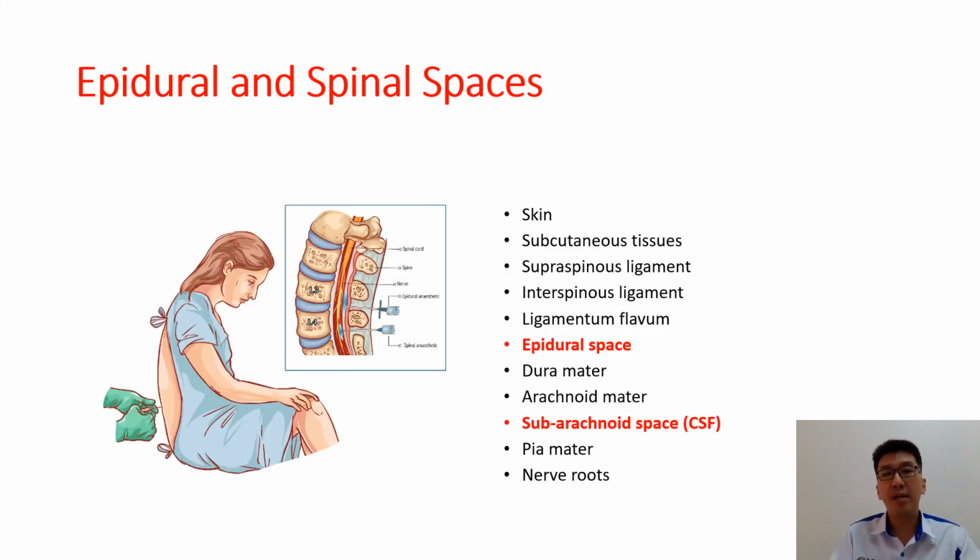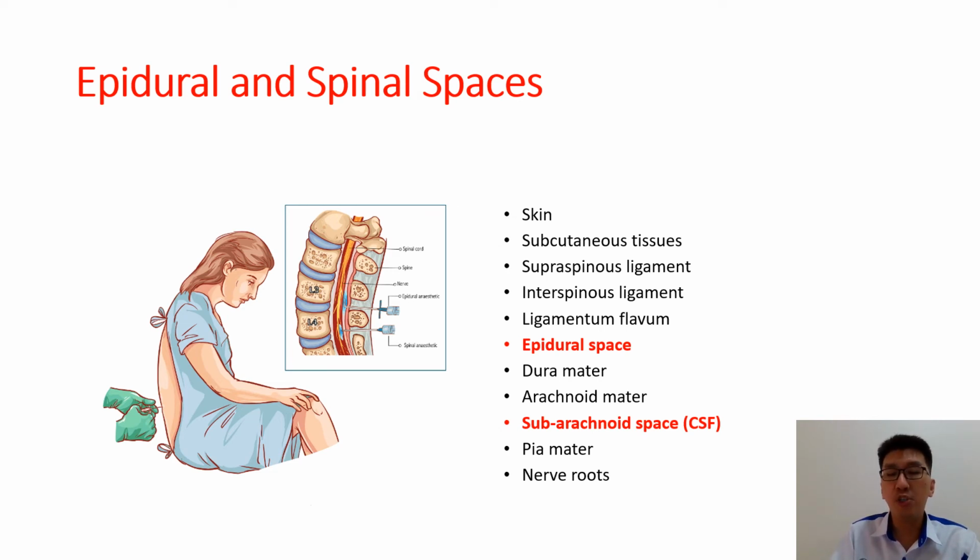When you insert the Tuohy needle for the epidural or the spinal needle for the spinal anesthesia, you will go through these layers: the skin, the subcutaneous tissues, the ligaments, the ligamentum flavum, and the epidural space, if you are performing an epidural anesthesia.